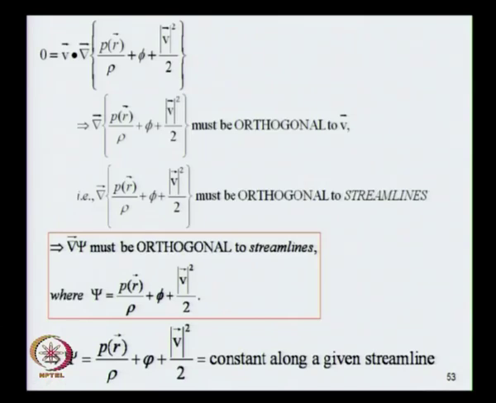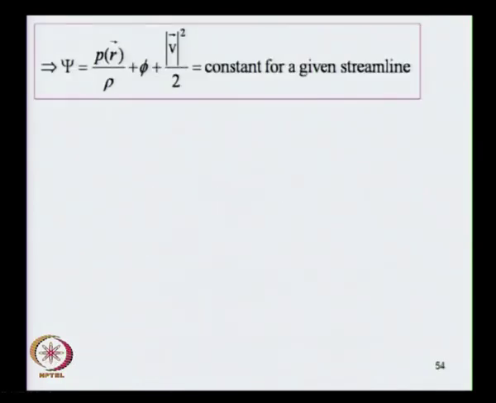The sum of these three terms is a constant for a given streamline. Now, this is a part of the Bernoulli's theorem but I will give you the fuller form. This is after Daniel Bernoulli, as I may remind you. There is a fuller form.